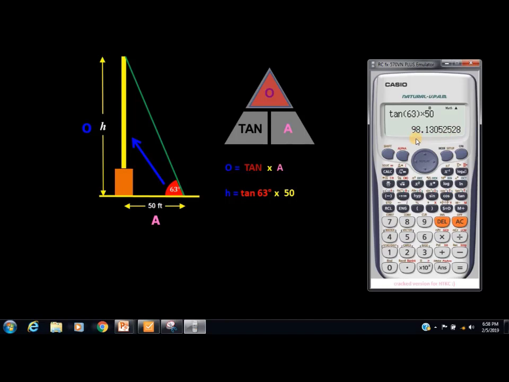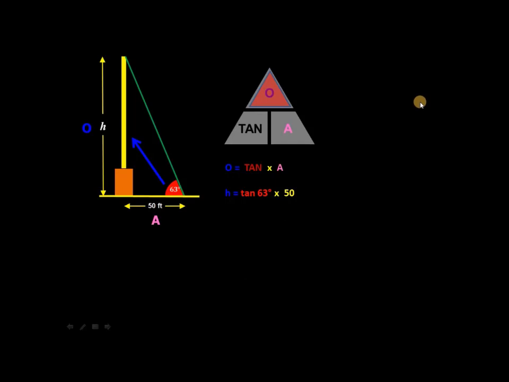This is the long answer. We want one decimal place, so we go Shift, Setup, and Fix is number 6, and we want one decimal, so 1. Here is the answer, 98.1. So, the height is 98.1 feet to one decimal place.